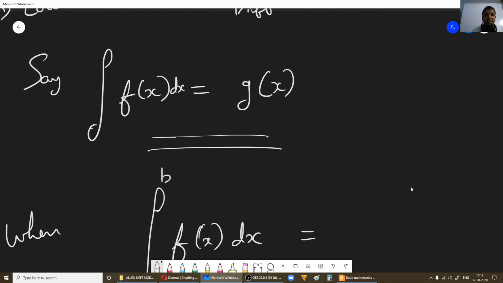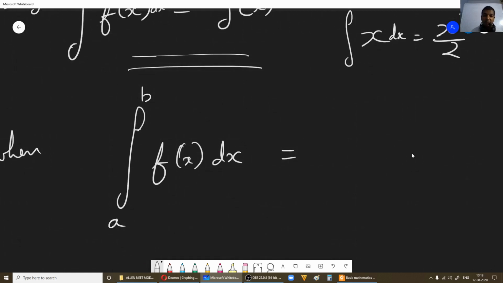For example, if f of x is x, then g of x would be x square by 2, is it not? When you integrate x with respect to x, you get x square by 2. The concept of integration we will avoid here. So integration of f of x with respect to x gives g of x.